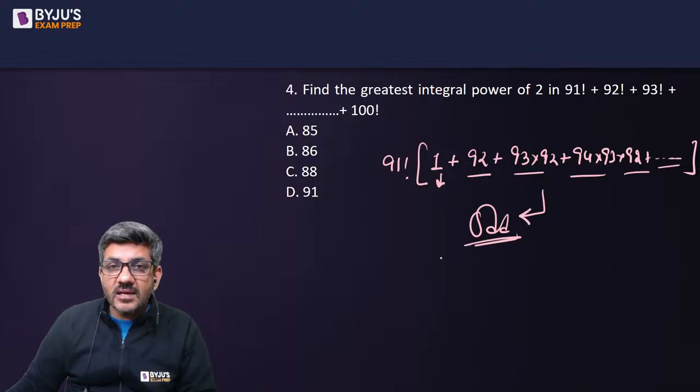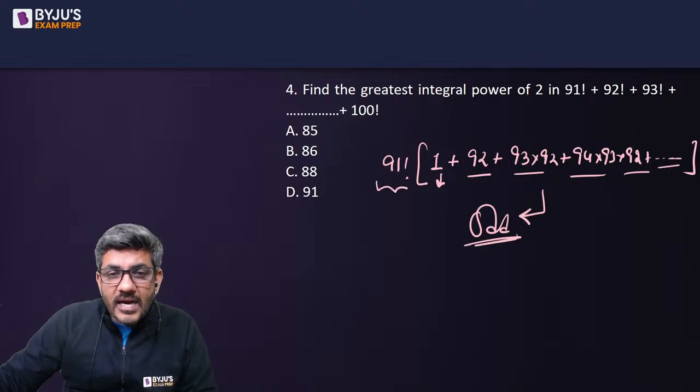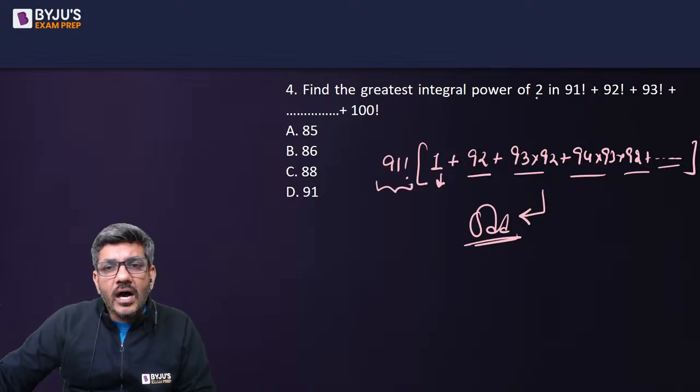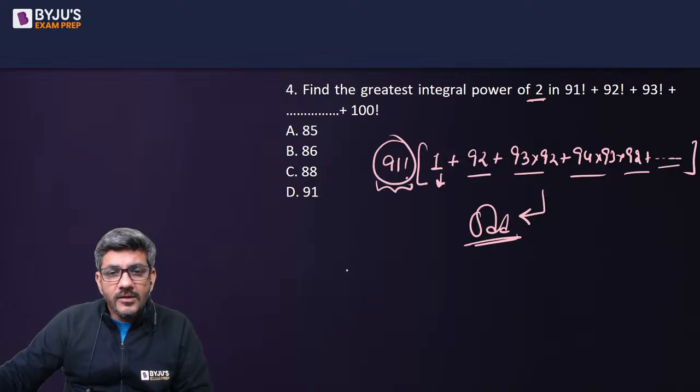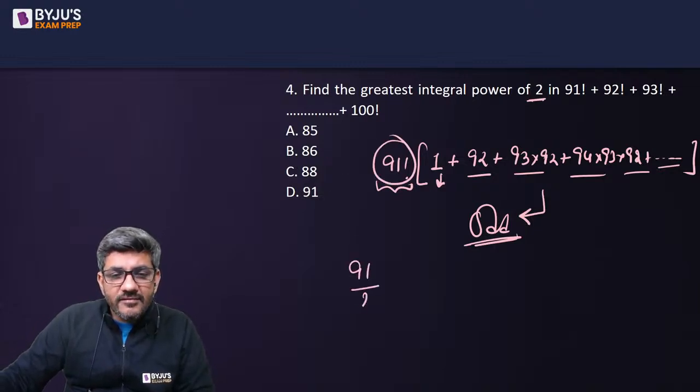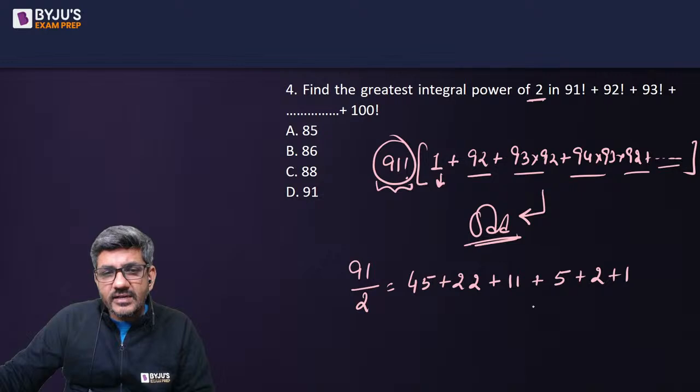जो ब्रैकेट के अंदर पूरी वैल्यू है, it is going to be an odd number, and this odd number is multiplied by 91 factorial. तो हाईएस्ट पावर ऑफ 2 वहीं तो आएगी जहां पे आपका 91 factorial है. So what is the highest power of 2 in 91 factorial? Divide by 2, it is 45. Further divide by 2, 22. Again divided by 2, 11. Then again divided by 2 is 5, then again it is 2, then again it is 1.